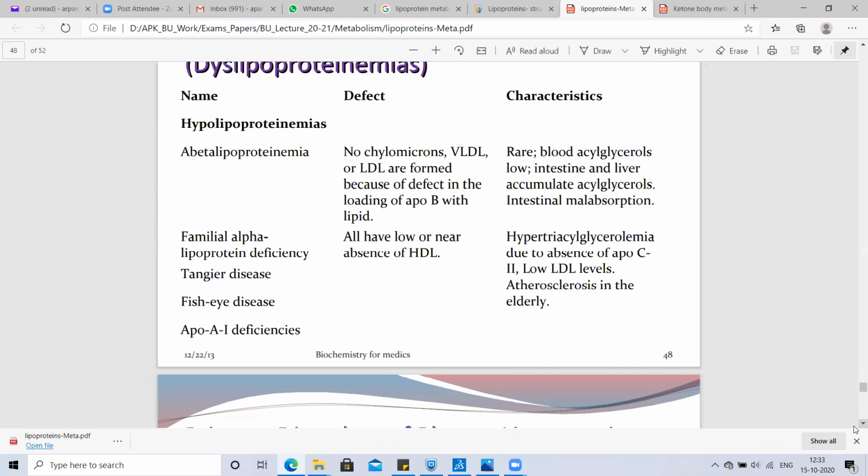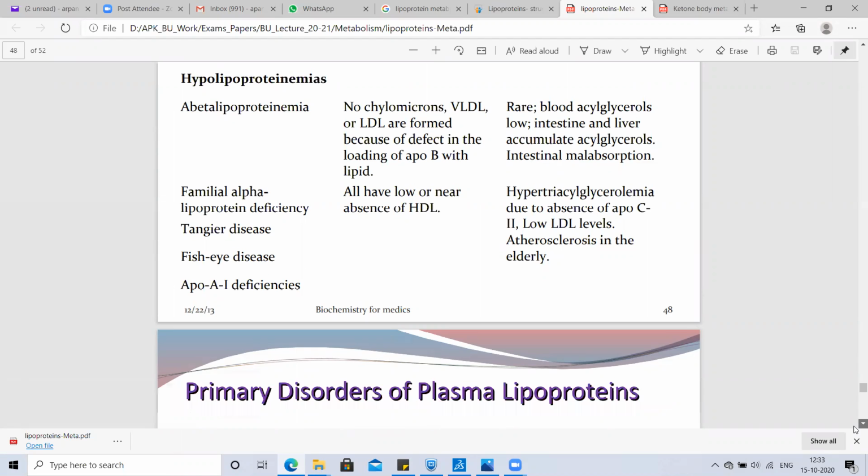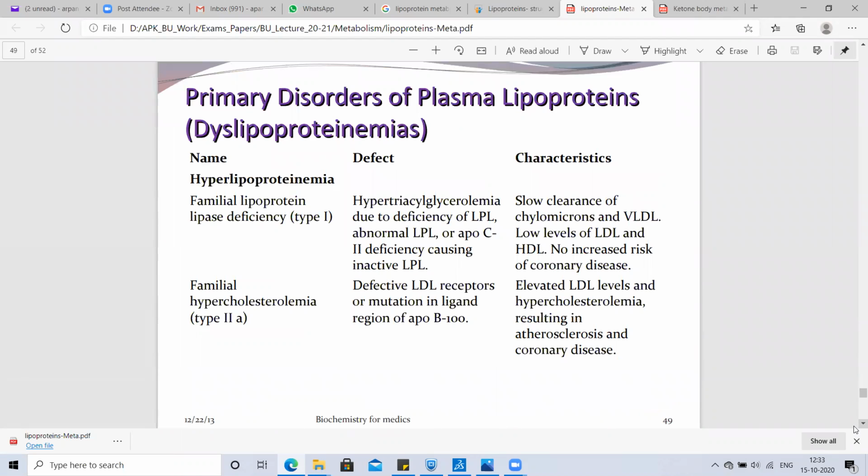Other similar disorders are Tangier disease, Fisheye disease, and ApoA1 deficiency, which occur due to different defective segments of lipoproteins. There is also familial lipoprotein lipase deficiency type 1. If this lipase is deficient, then hypertriacylglycerolemia occurs, leading to accumulation of abnormal LPL or ApoC-II deficiency, causing an inactive LPL.